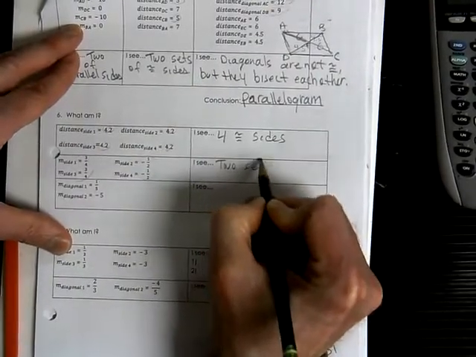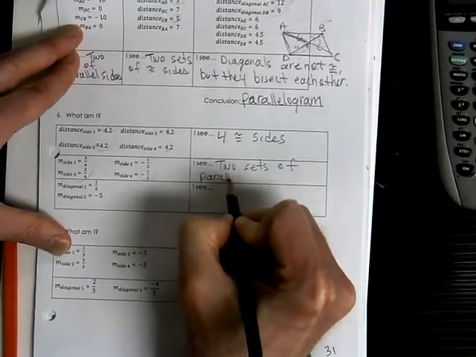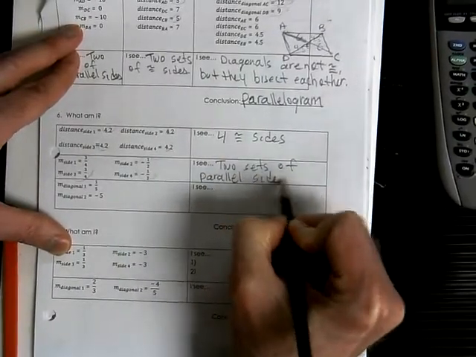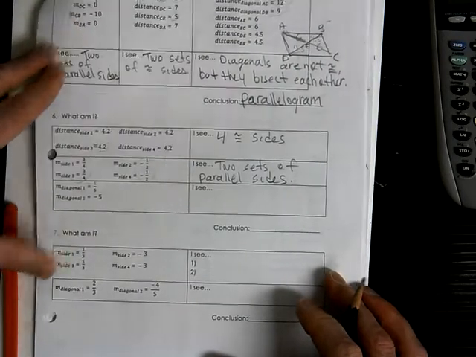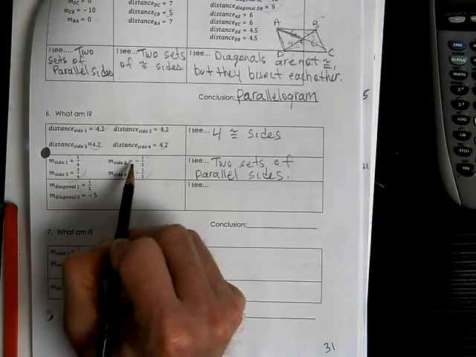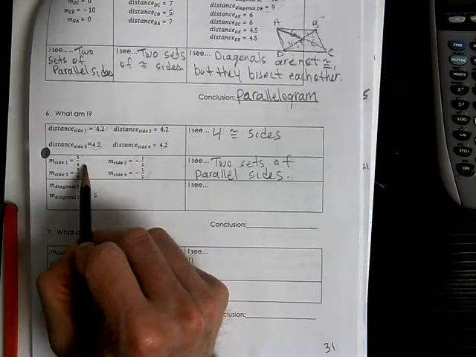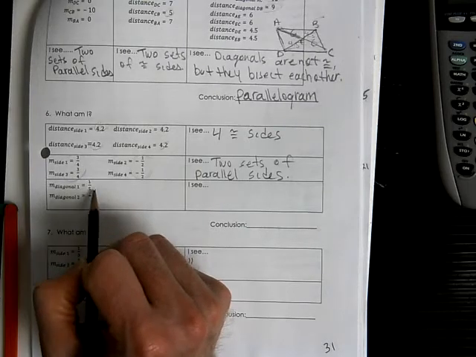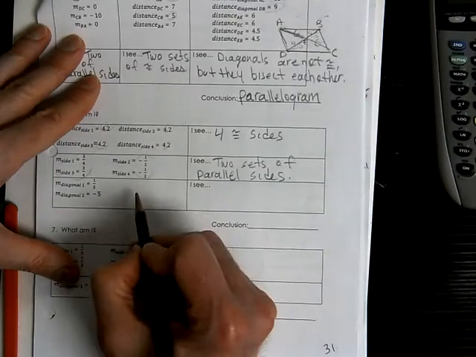So 2 sets of parallel sides. But what I don't see is these are perpendicular to each other. They're not opposite reciprocals. But the diagonals are opposite reciprocals.